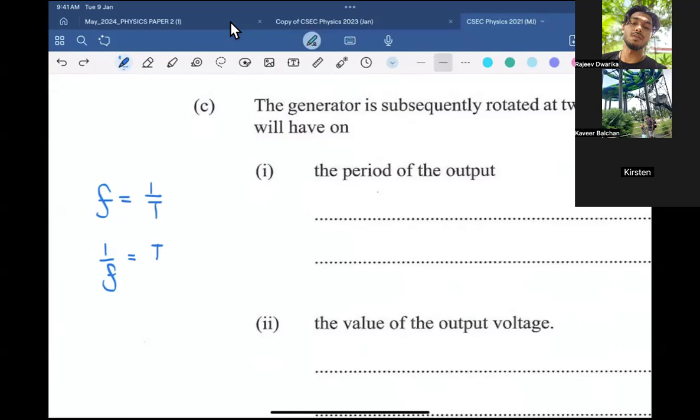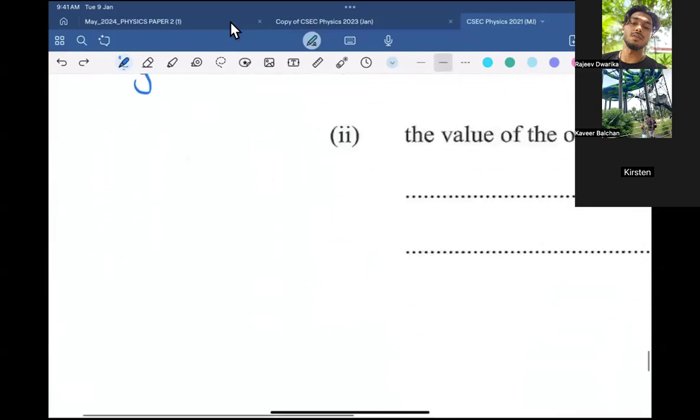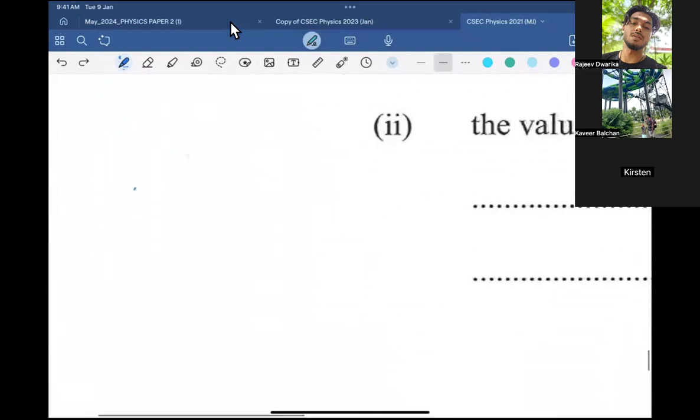If I decrease my periodic time, what am I doing with my frequency? Listen to the example again. If my periodic time is 1 minute, how many oscillations are you going to have in 1 minute?